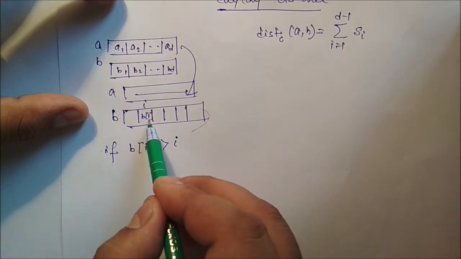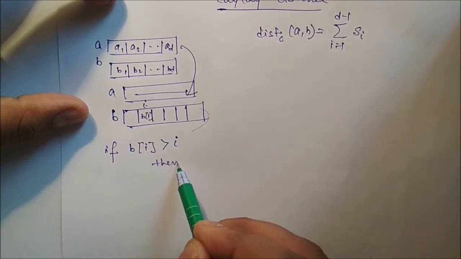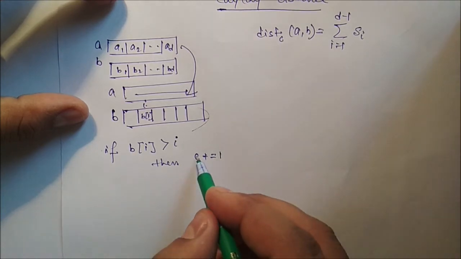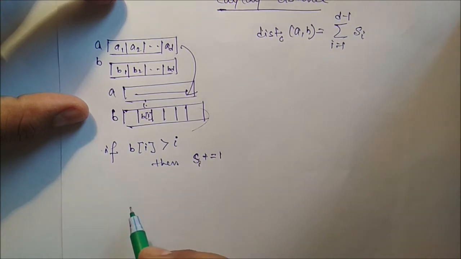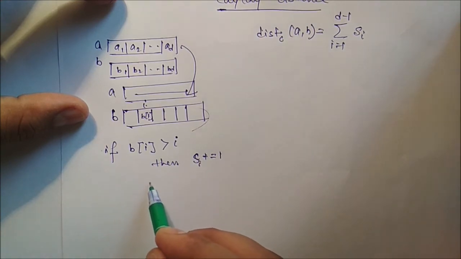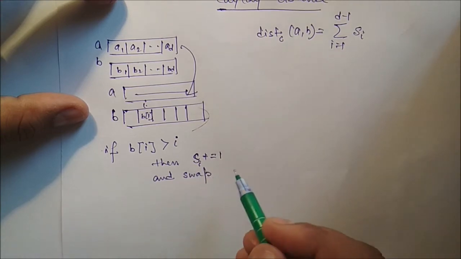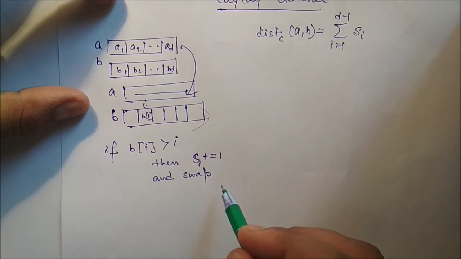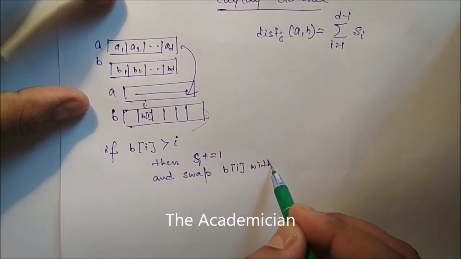If this BI is greater than I, then increment S and swap BI with BJ.